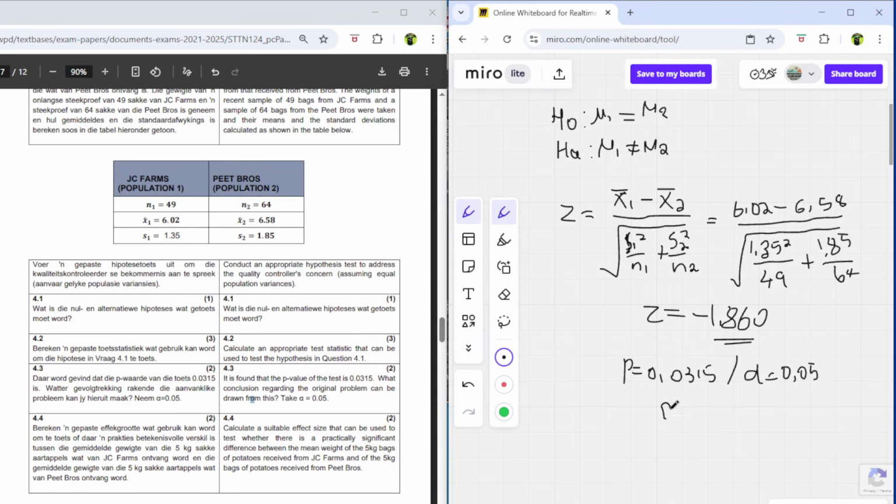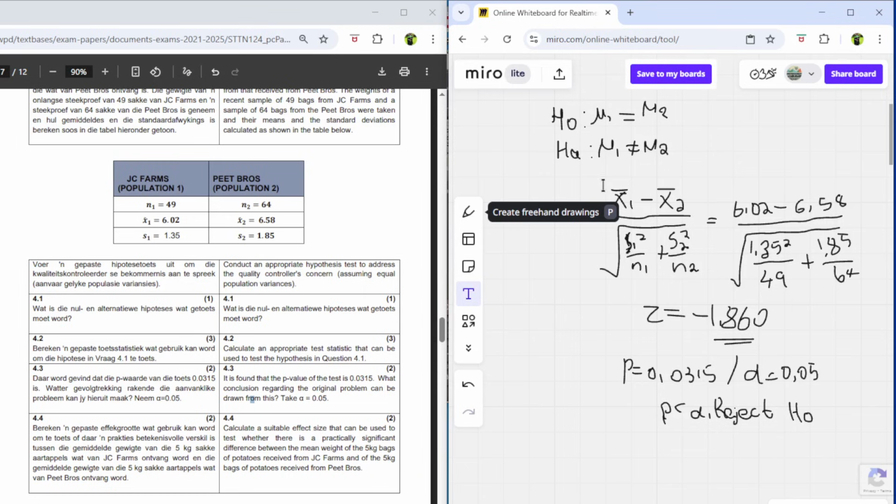The p-value is less than alpha, so we reject the null hypothesis. P-value is less than alpha, we reject the null hypothesis.